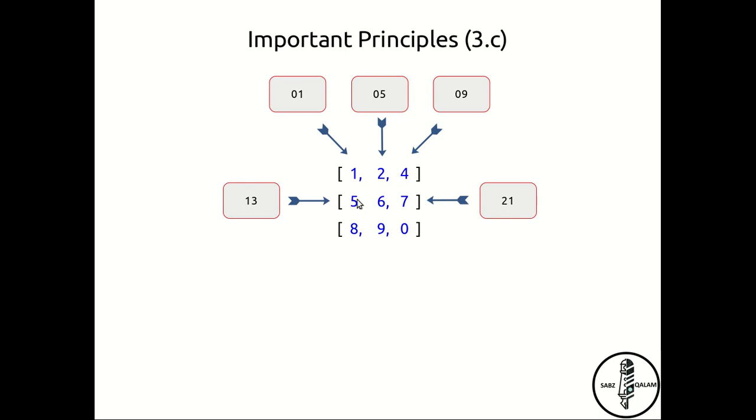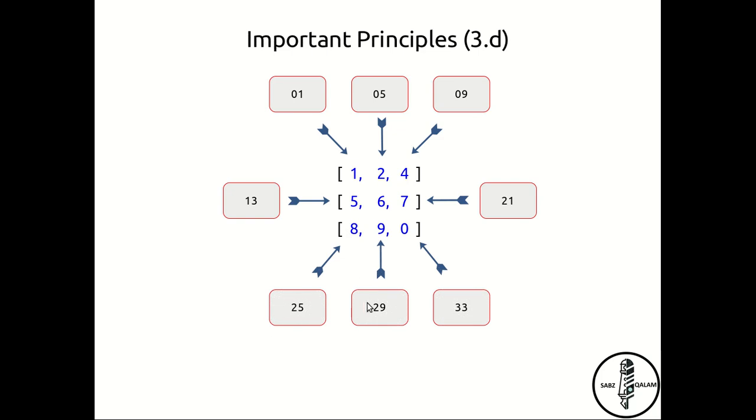And because this is 2 integers away from the base address, in other words 8 bytes away, we see 13 plus 8 is 21. And then for the last row, it's 25, 29 and 33. We again see here an increment of 4.